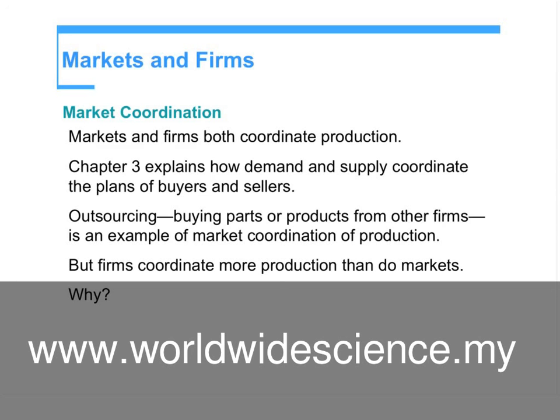So let's discuss them. What is transaction cost? It is the cost that arises from finding someone with whom to do business, reaching agreement on the price and other aspects of exchange, and ensuring that the terms of the agreement are fulfilled. Every transaction that we do has a certain cost to it.